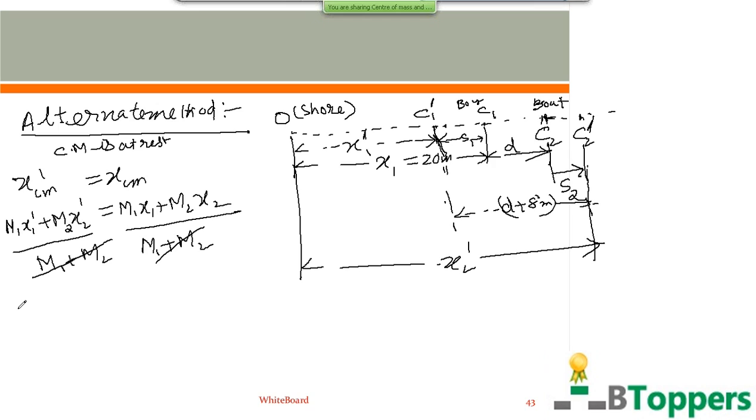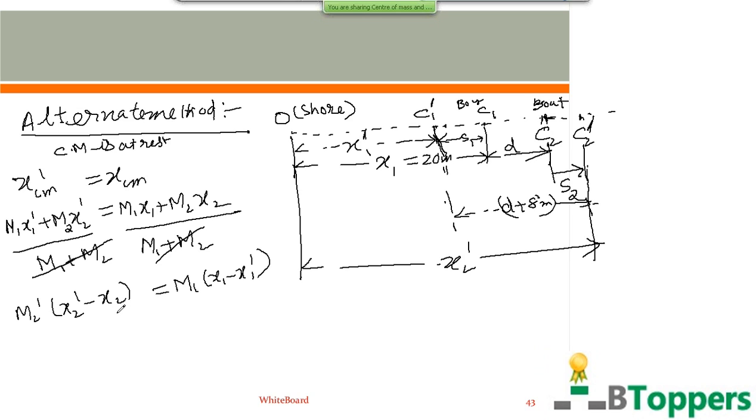So from the situation shown in the figure, you can write M2 into (X2 dash minus X2) equal to M1 into (X1 minus X1 dash). X1 is the initial distance of the boy from the shore, X1 dash is the new distance of the boy from the shore. So X1 minus X1 dash gives you the distance moved by the boy toward the shore with respect to the station observed on the shore.